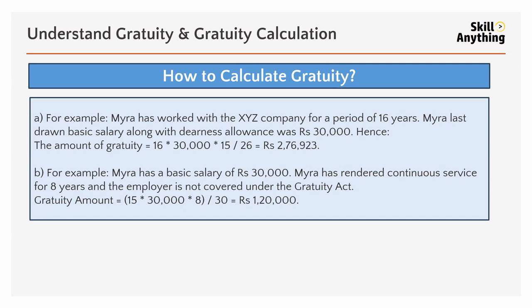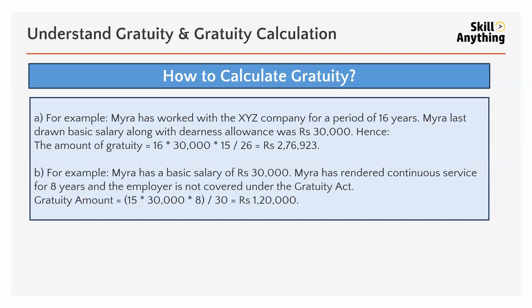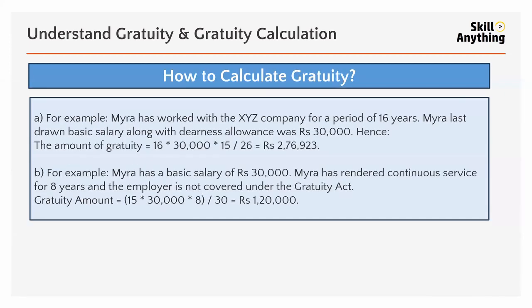The employee is not covered under the Gratuity Act, and the employer does not provide gratuity. So the gratuity amount is calculated as 15 into your last drawn salary, 30,000, into the working tenure of 8 years, divided by 30, which equals 1,20,000. She will get this as the gratuity amount.